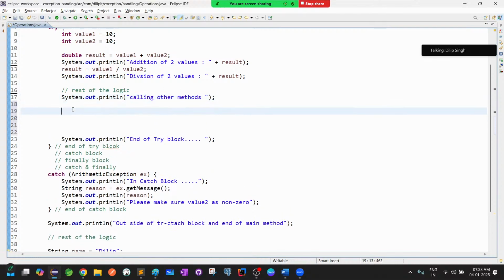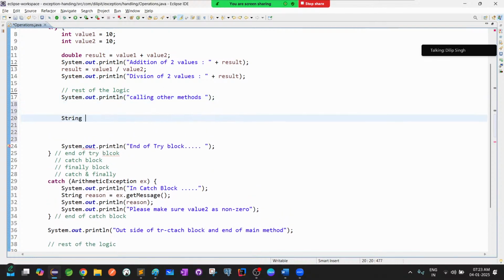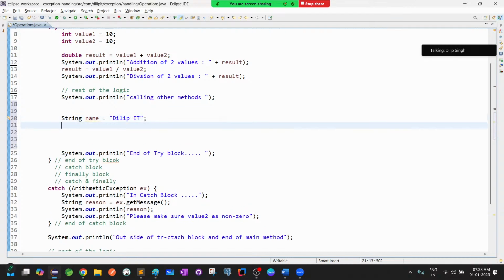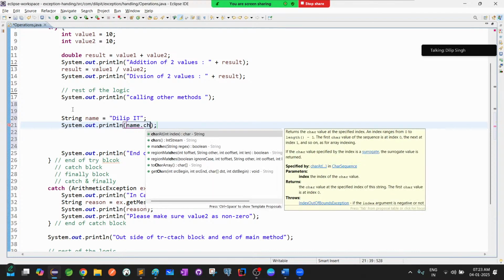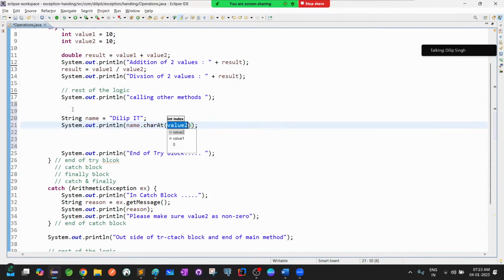Here String name equal to, I have taken something like Dilip IT. Okay, and the moment I write System.out.println of name.charAt, the character at the position of index number 5.